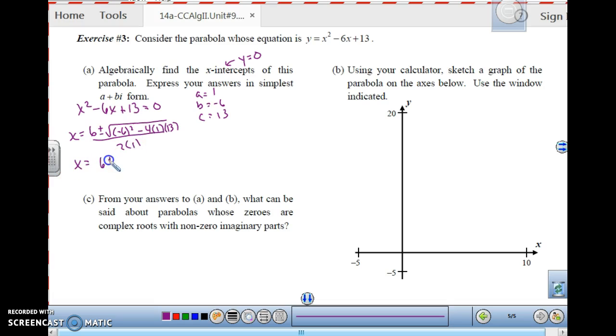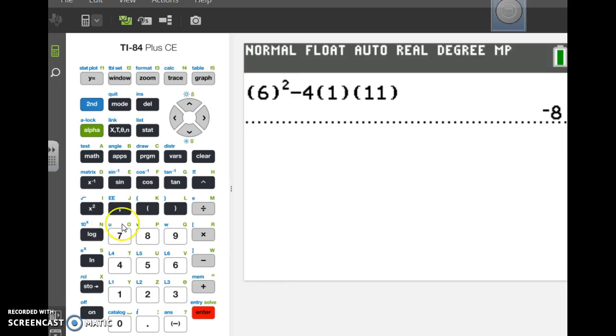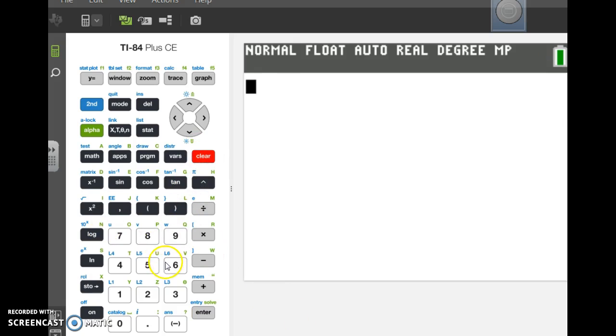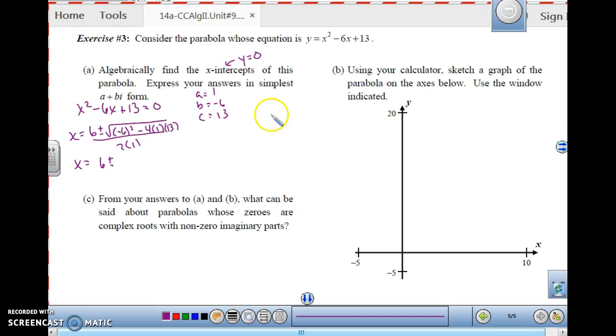All right, so putting this in my calculator would be negative 6 squared minus 4 times 1 times 13. And that gives me negative 16.